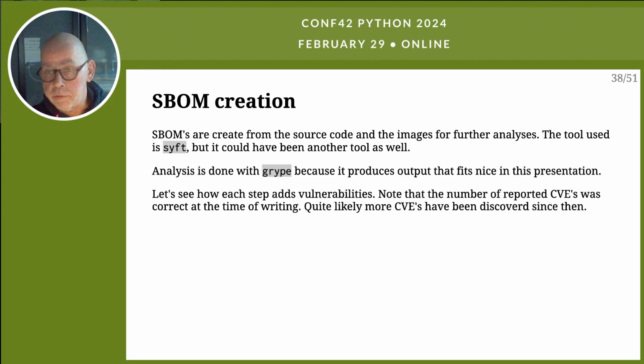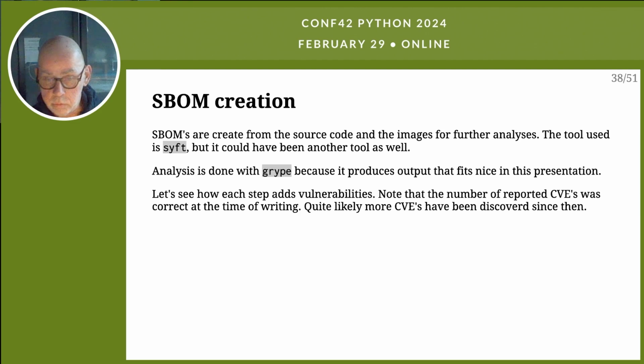In order to do a bit of an analysis, we've taken a tool called Syft. Syft is used to create the SBOM file with all the information about the packages present and required. And we analyze them with grep. We don't do this because it's the best tool, but it has the nicest output for this presentation.